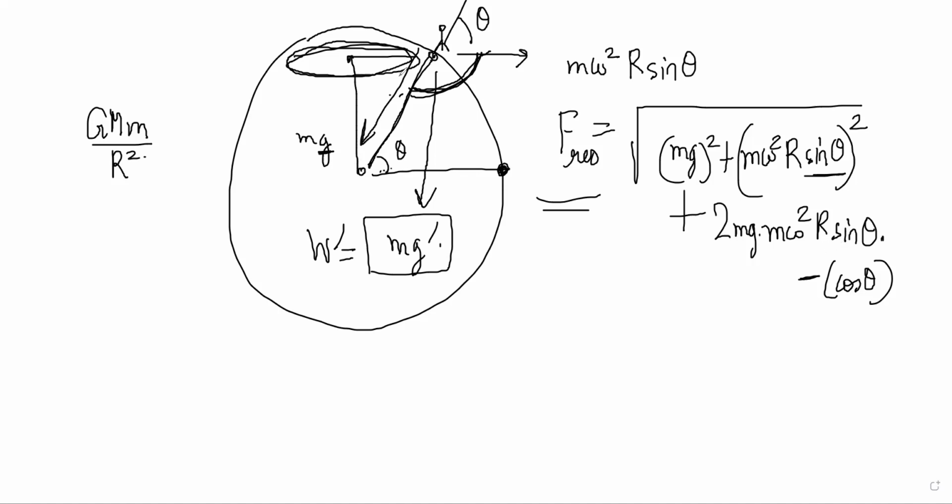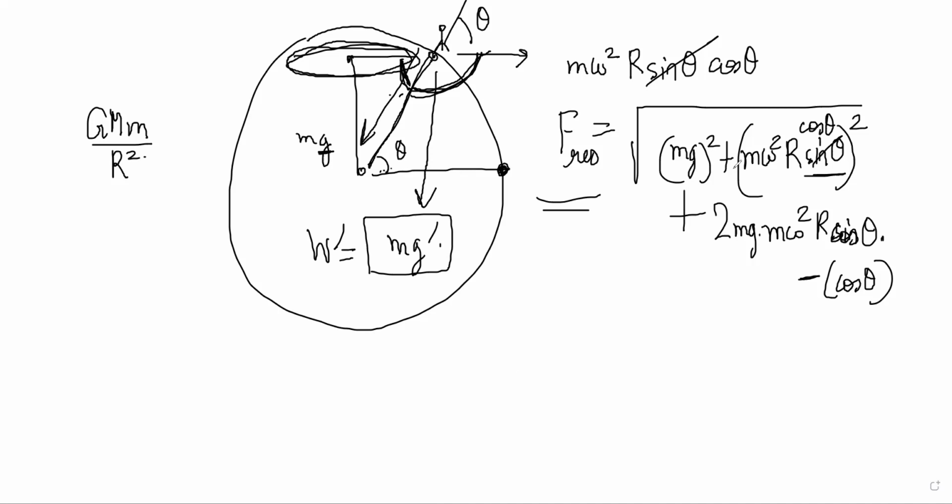Am I writing the thing r cos theta? No, this angle is theta. It's r cos theta, right? Yeah, it is r cos theta. So everywhere here cos theta, and here also cos theta. Now it makes sense.